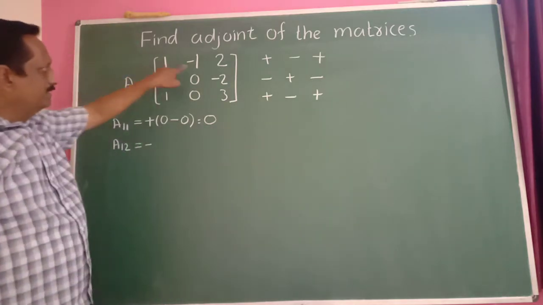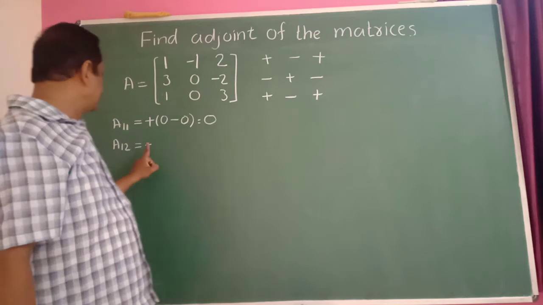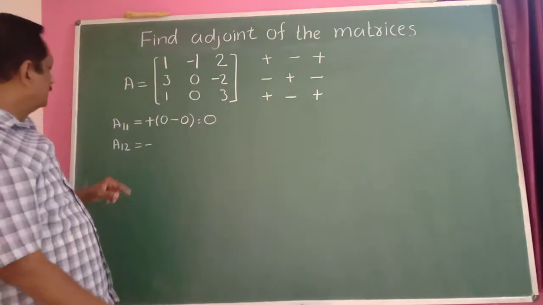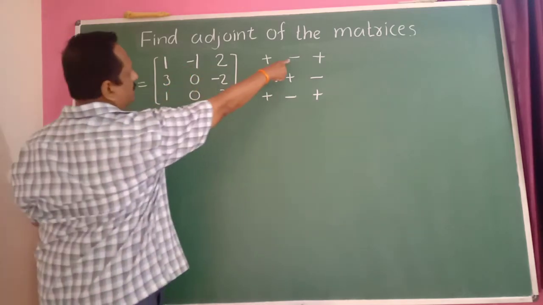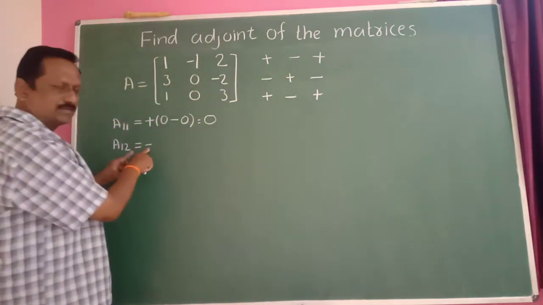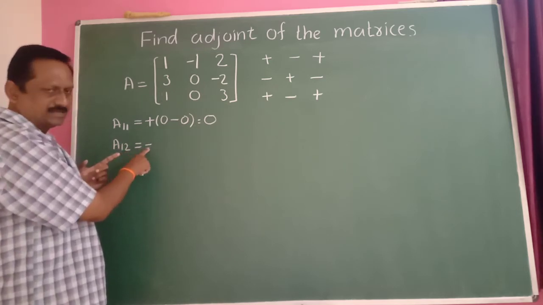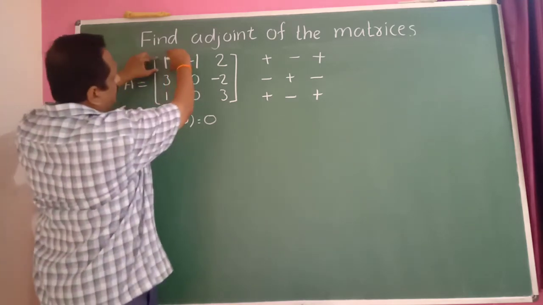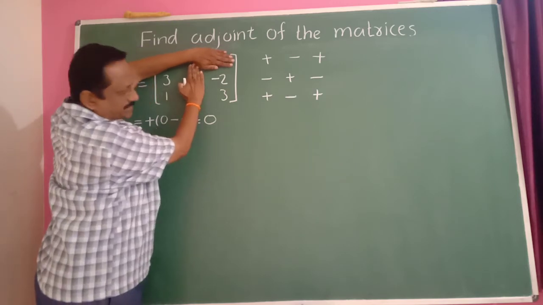For this element, take the plus sign here. For this element, write here minus sign. And for this element, write plus sign and so on here. Therefore, here A12 means a cofactor of this element, so there is minus sign. Otherwise, sum of the suffixes is odd, take here minus sign. Then deleting the first row and the second column, these are the remaining elements.